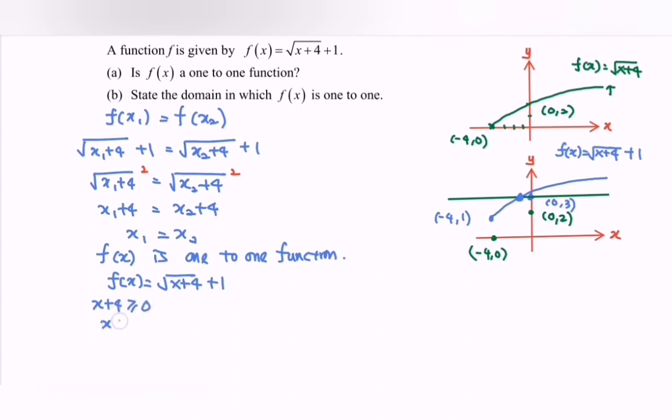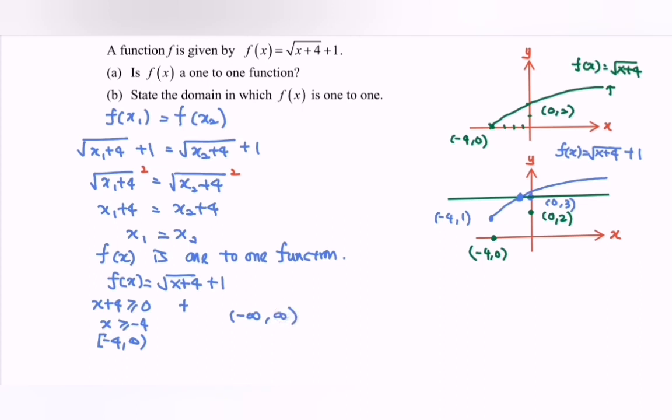From here, x will be greater than or equal to negative 4. So the domain for the square root of x + 4 is negative 4 until infinity. Then we have the plus 1, which is a constant. As we all know, the domain for a constant would be negative infinity until infinity.